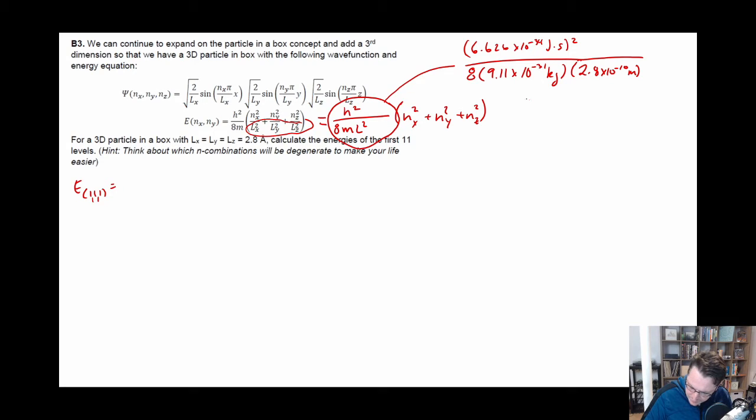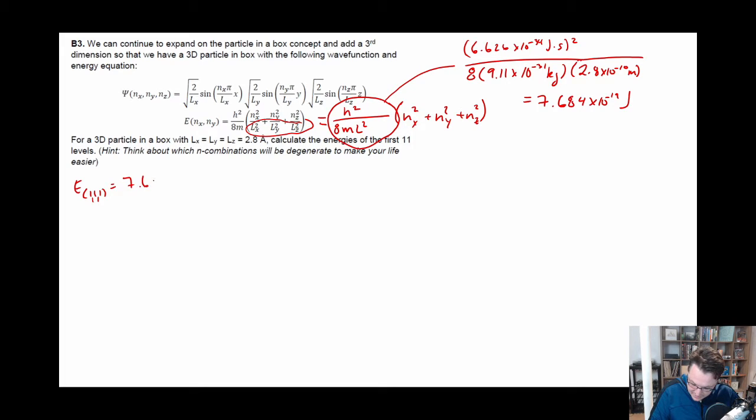And so that comes out to being equal to 7.684 times 10 to the negative 19 joules. And so we can just use that value and plug that in here.